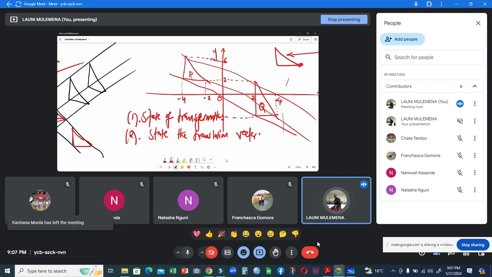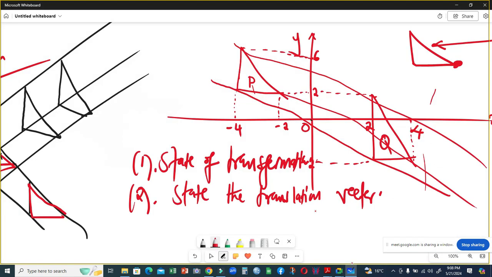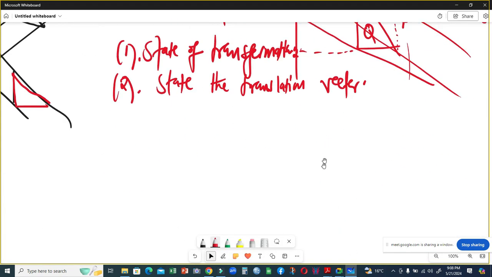We need to know how to calculate the translation vector. So how are we supposed to calculate it? There is a formula that we need to appreciate.